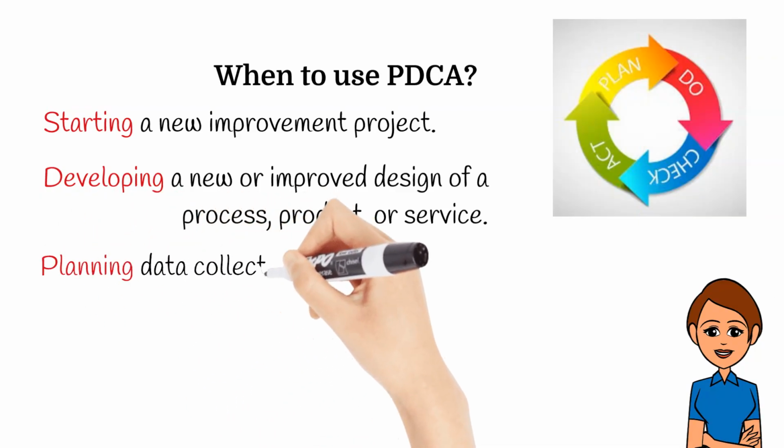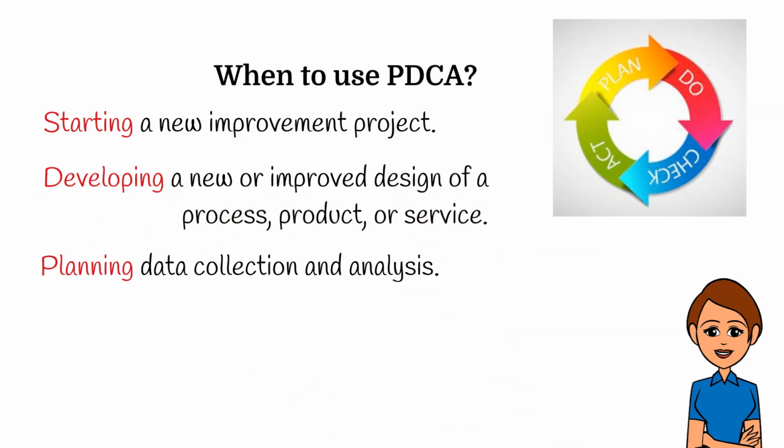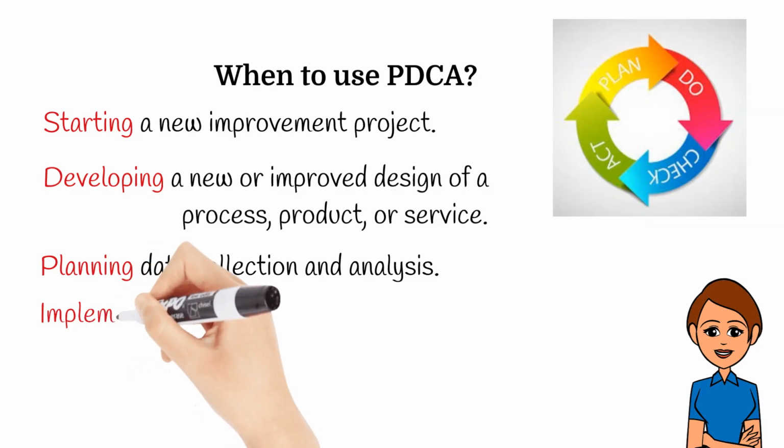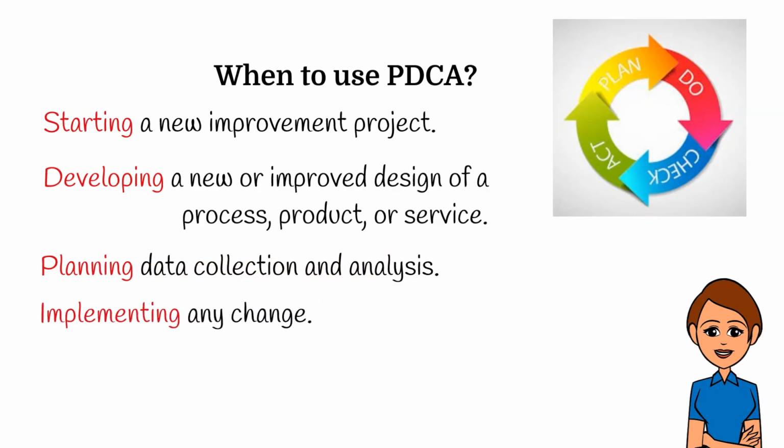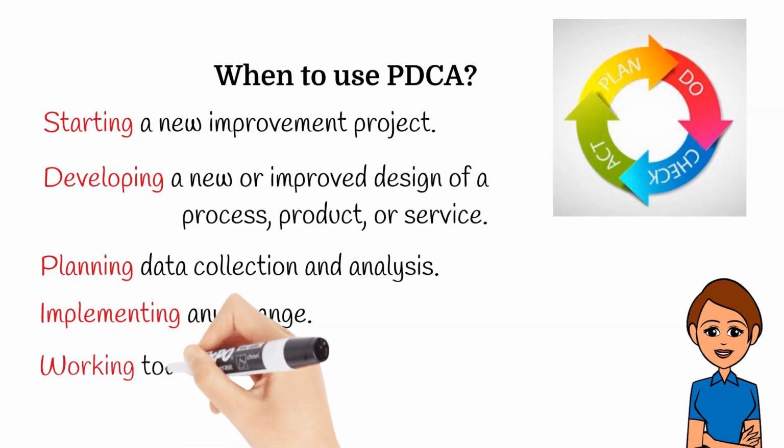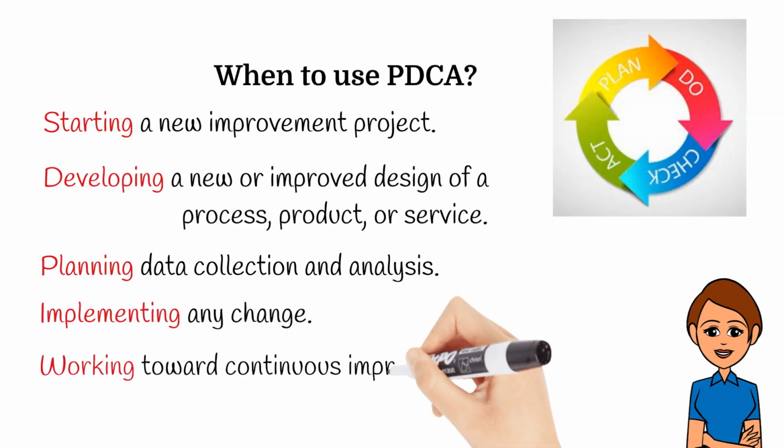This can also be used when one is planning data collection and analysis in order to verify and prioritize problems or root causes. When one is implementing any change whatsoever. And of course, if you are engaged in working toward continuous improvement. In summary, PDCA is sector agnostic and can be used whenever you are desiring to achieve something new or improve over the existing.